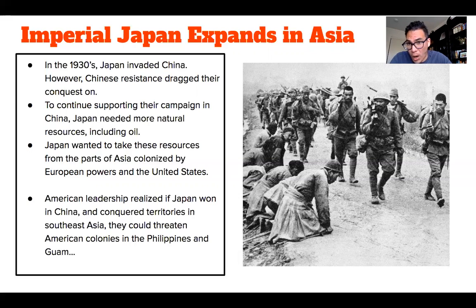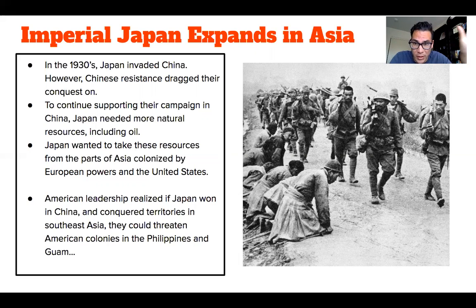Now, the problem with that is that a lot of European countries had already taken a lot of parts of Asia. So Japan's plan is going to have to be to take resources from the parts of Asia already colonized by the European powers and by the United States. Meaning, if you're following this line of reasoning, they're going to have to get in a fight with these European countries. They're going to have to eventually get in a fight with the US.